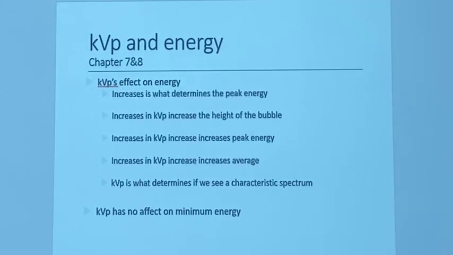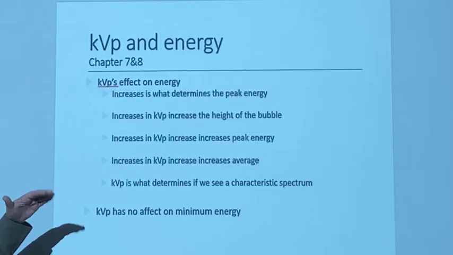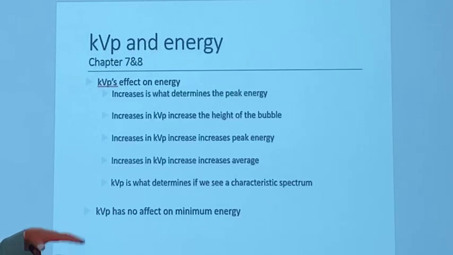So if we have more kinetic energy to lose, then we're going to have a higher peak energy. So increases in KVP increases the height of the bubble. Now we're talking about the brems spectrum, right? And so we're going to look at these, and then I'll raise the screens as we talk about them. So increases in KVP increase the height of the bubble, increase the peak energy, and increase the average energy. KVP is what determines if we get a characteristic spectrum. So KVP has no effect on minimum energy.